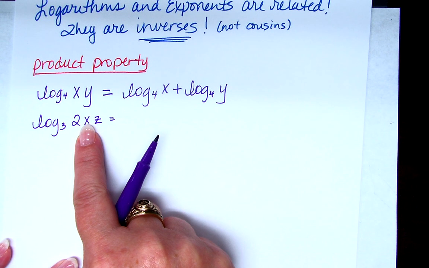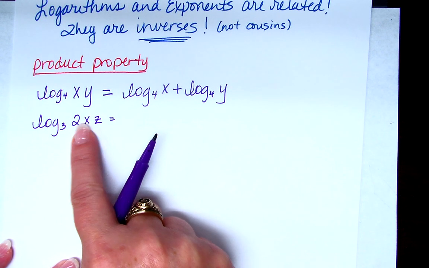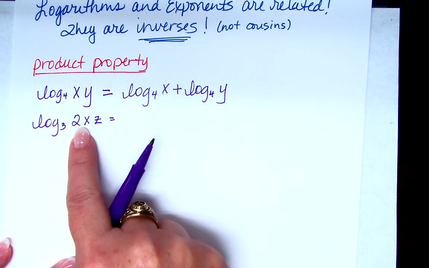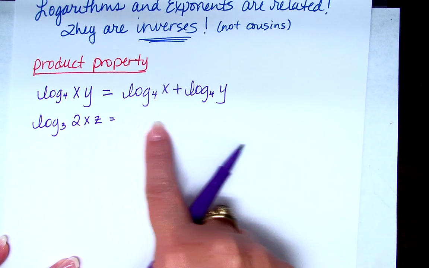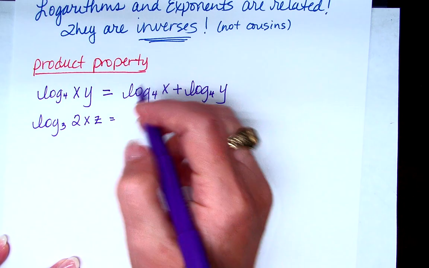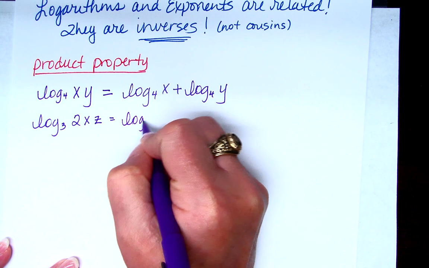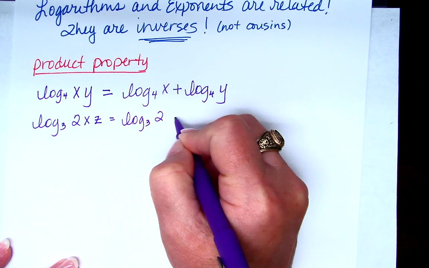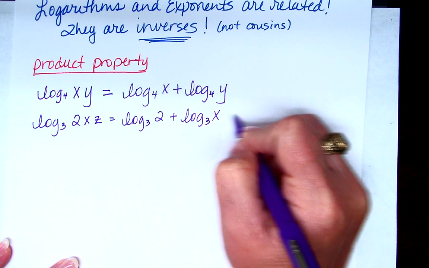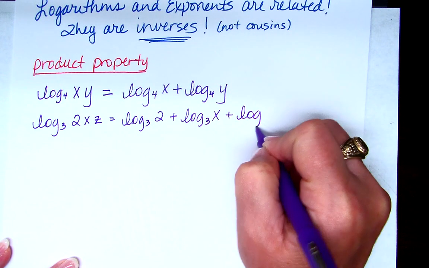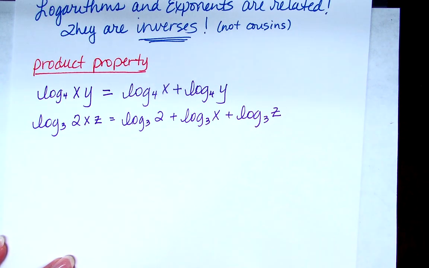Pluses, because it's the product property. These are being multiplied. So when I'm multiplying inside the log, when I expand it, I add them. So log base 3 of 2 plus log base 3 of x plus log base 3 of z.